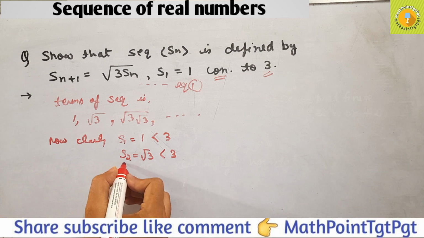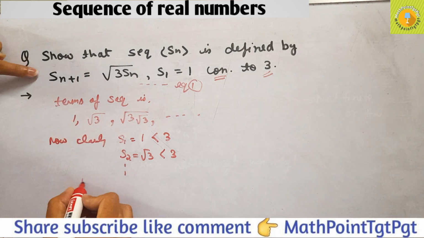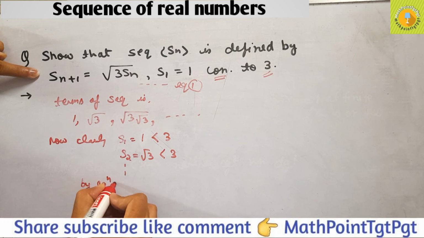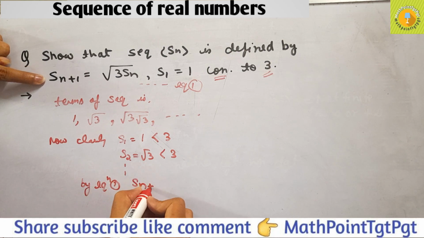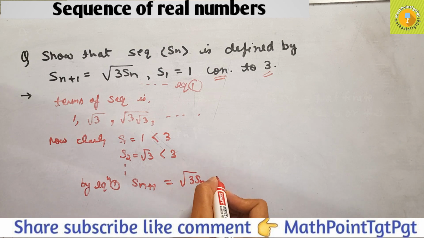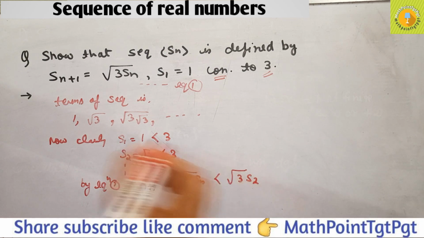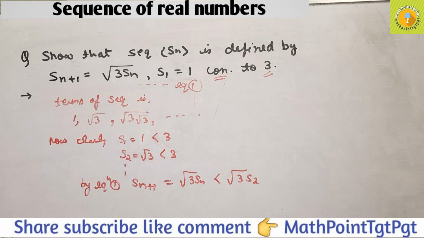Similarly, by equation 1, Sn+1 is equal to root of 3Sn, which we can write as less than root of 3 times 3.